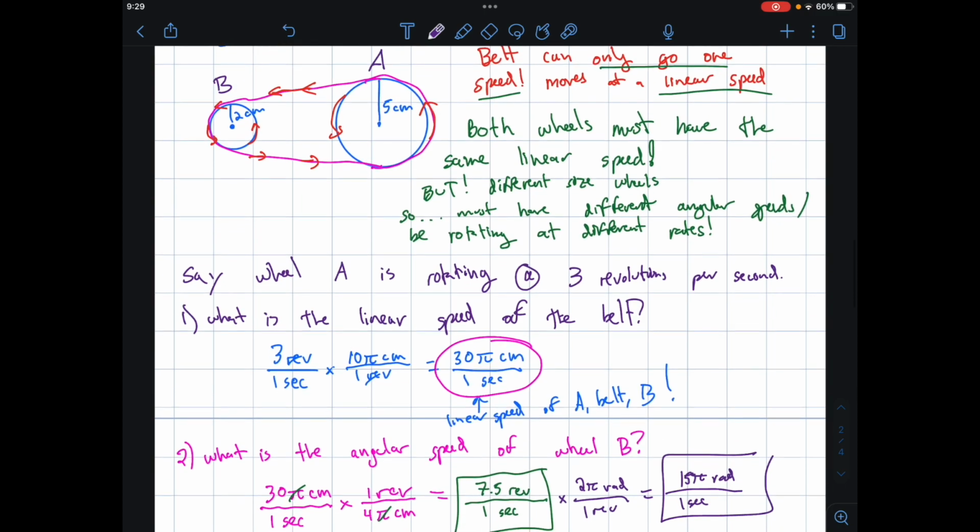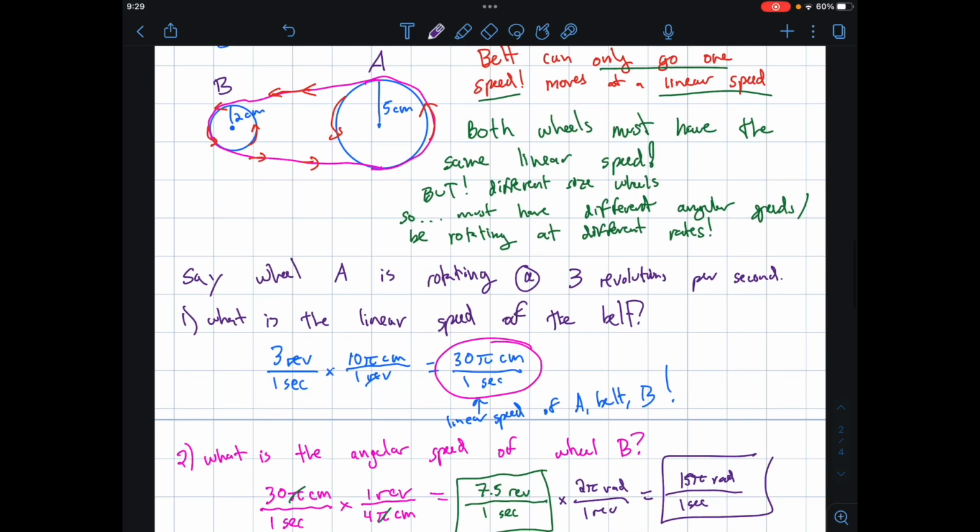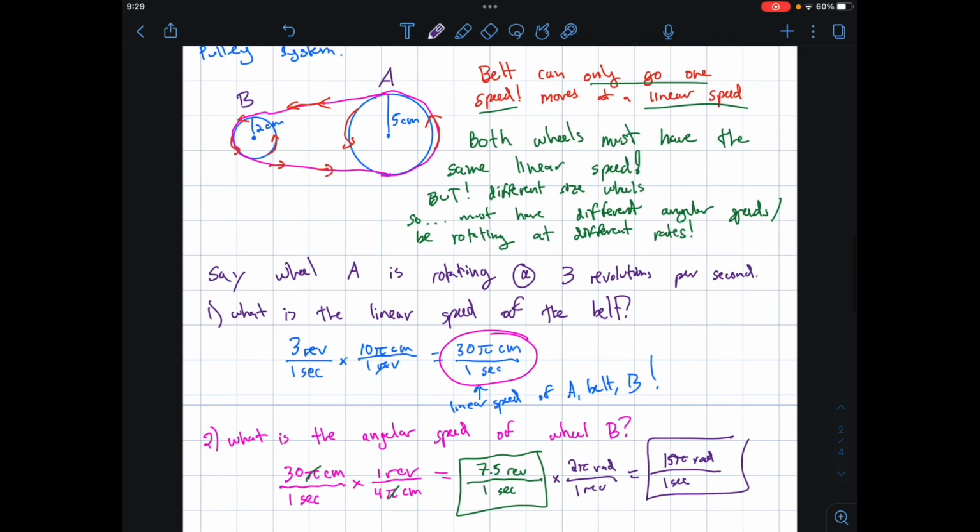But the idea is that the linear speeds of the belt, of A, and of B are all the same. And because A is bigger than B, their angular speeds must be different.